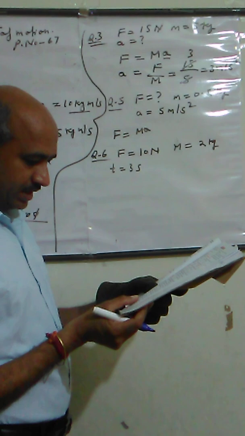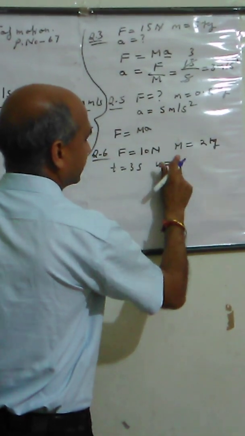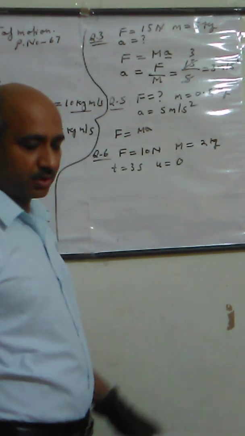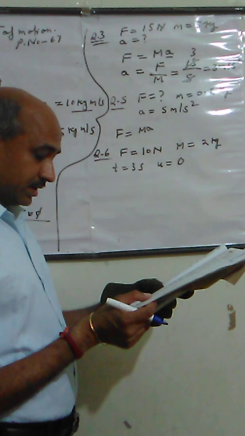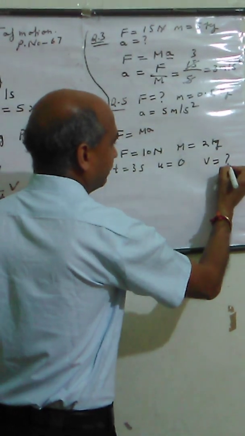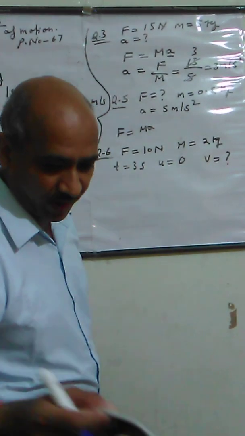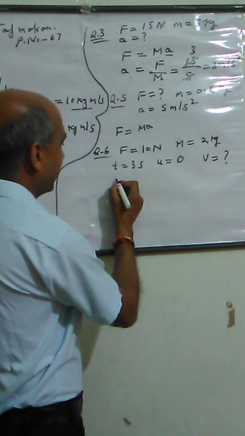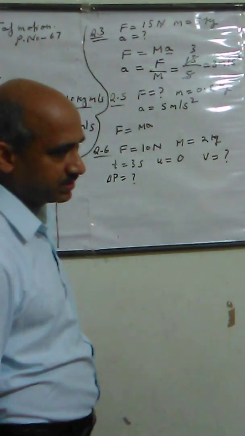Initially at rest means initial velocity is 0. Each and every word gives you meaning. Calculate the velocity acquired by the body. That means we have to find the final velocity, and we also have to find the change in momentum, this del P.